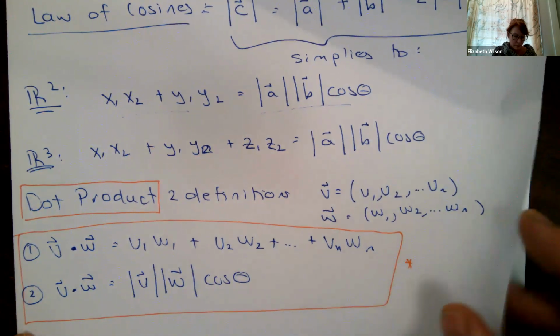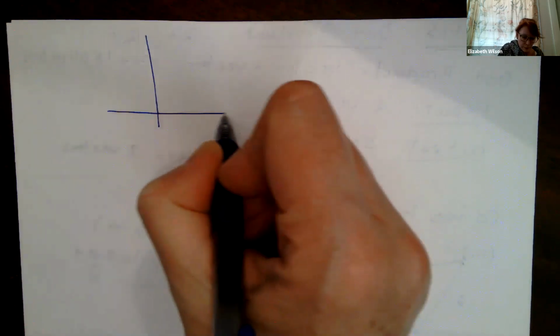So what we're going to talk about is one of the reasons how we can figure out what the angle between them is. Let's go back to our right triangle trig and think about our axes. Here's my x, here's my y, and this is quadrant 1, and this is quadrant 2.